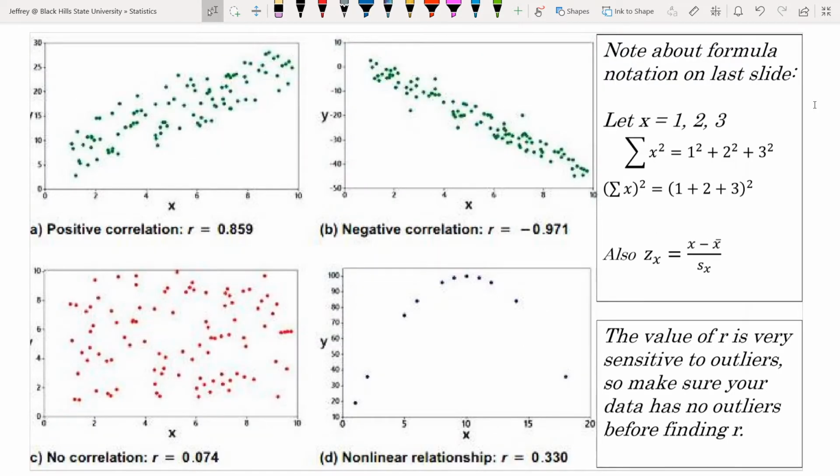So just some examples from the book. We have an example of a positive correlation where r is 0.859. And you can tell that the points are a little bit far apart, but there is a pattern where the line goes up and to the right.